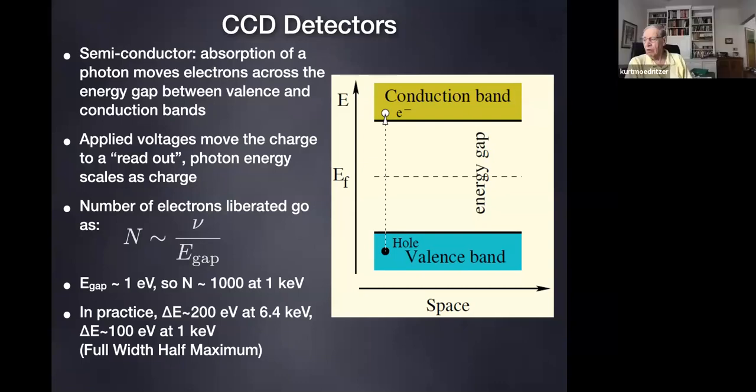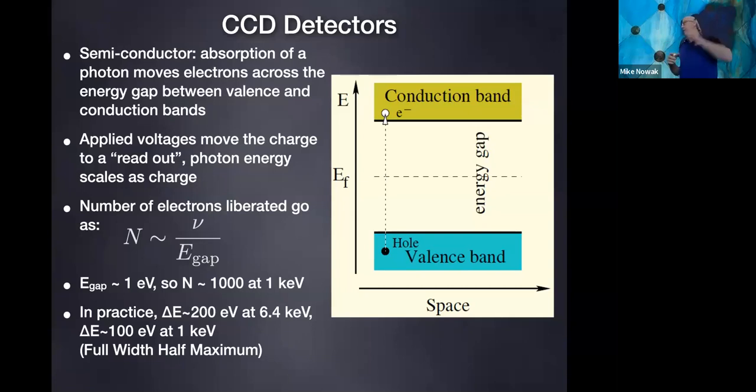So we're going to have 1,000 plus or minus a few times 35, and that is going to be the uncertainty on our measurement of the energy of that photon, which leads to that width that you saw on the line there. That width is about 100 to 200 electron volts if the measurement is at 6.4 kiloelectron volts. So that's where the uncertainty in measurement comes.